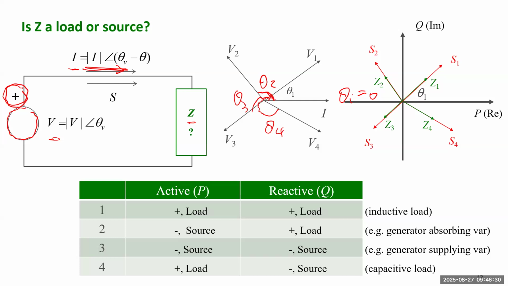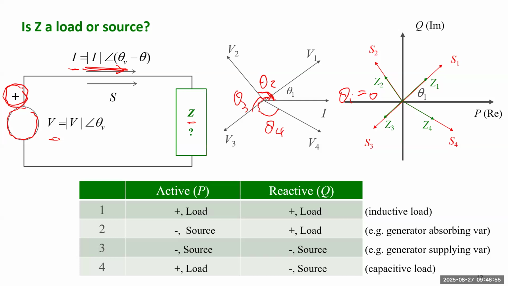So for the third condition, if voltage falls into the third quadrant, this is actually the source for both P and Q in the circuit. Even though we assume this one to be a source, it really behaves as a load in both P and Q.